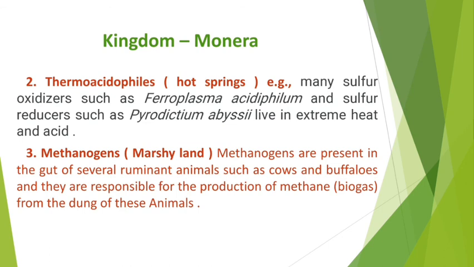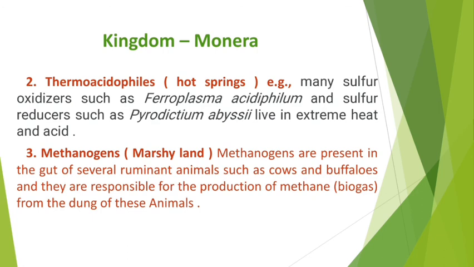In the presence of these methanogens, from the cow dung or buffalo dung, we can get methane or biogas. This methane is produced in the presence of this group of bacteria.